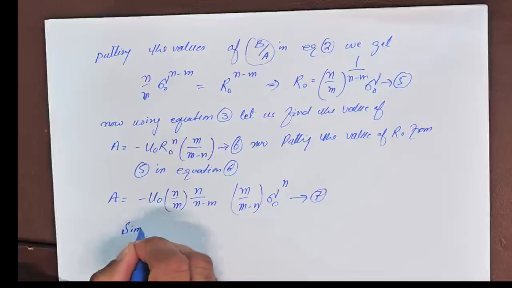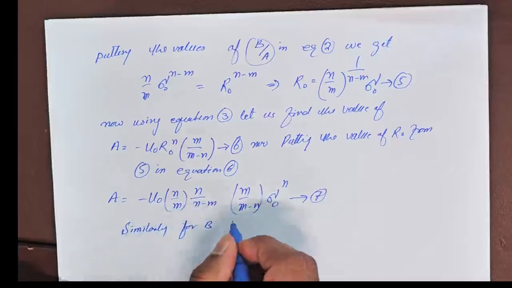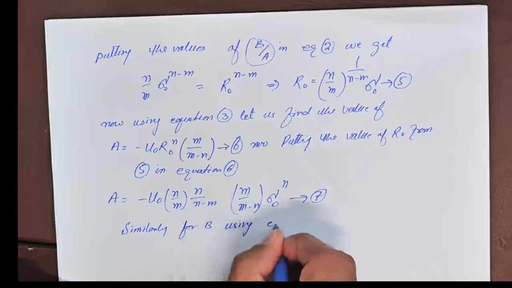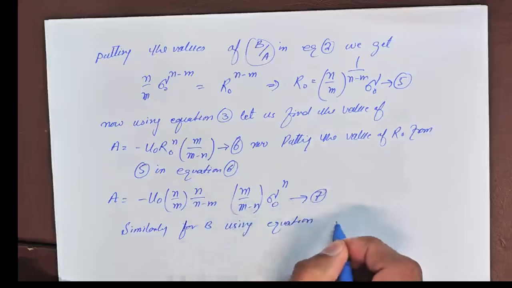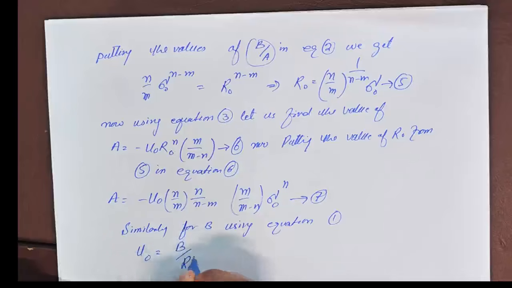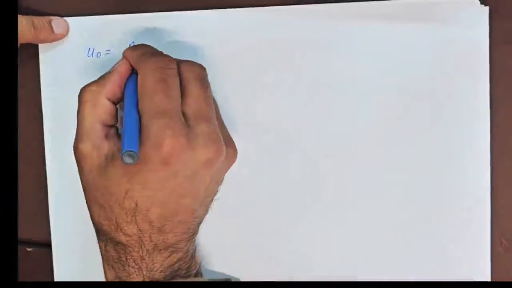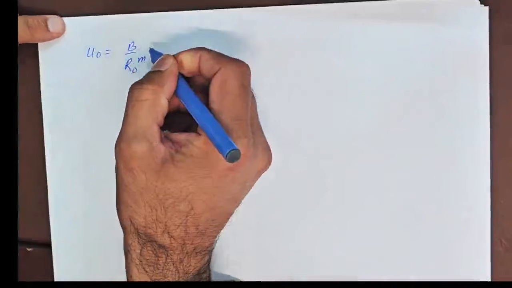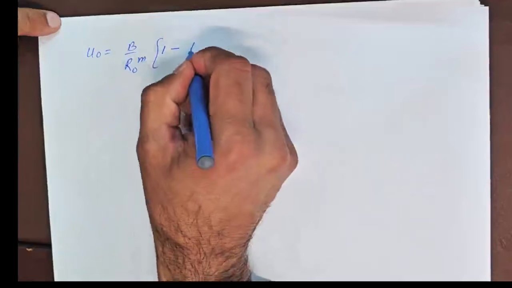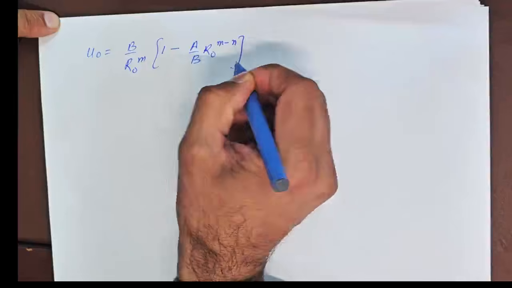Similarly, for B, using equation 1, u naught is equal to B divided by R naught m minus A divided by R naught n. U naught is equal to B divided by R naught m, 1 minus A by B R naught m minus n.